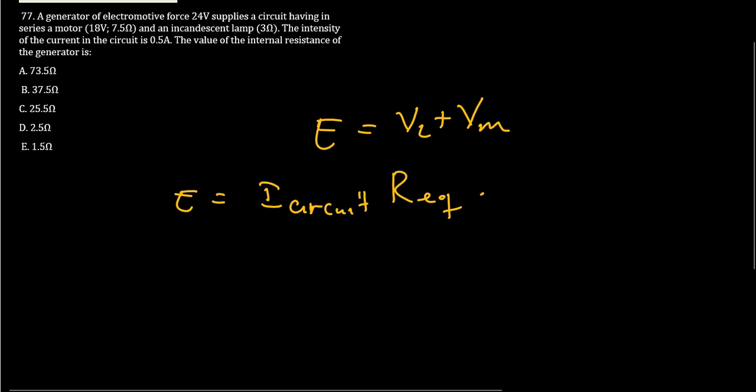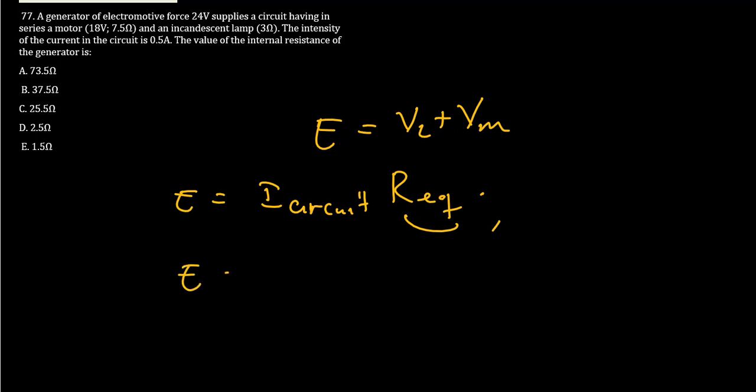The total current in the circuit is equal to 0.5 amperes, and we can get the equivalent resistance. So the equivalent resistance will simply be 7.5 ohms plus 3 ohms plus the internal resistance, since the internal resistance of the generator is going to be in series with that of the motor and the lamp.